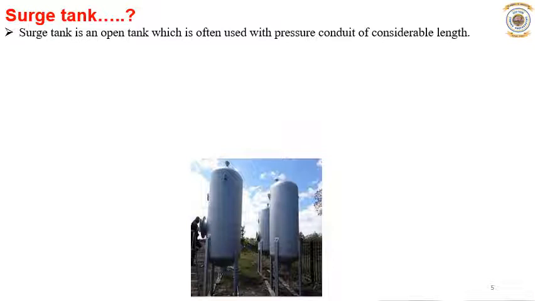In general, a surge tank serves some purposes, like reducing the distance between the free water surface and the turbine, thereby reducing the water hammer effect. We will see later what exactly water hammer is.